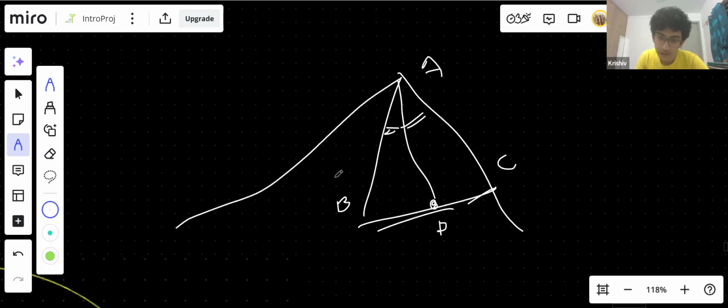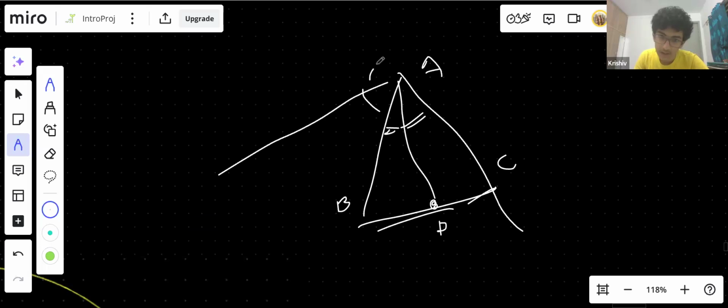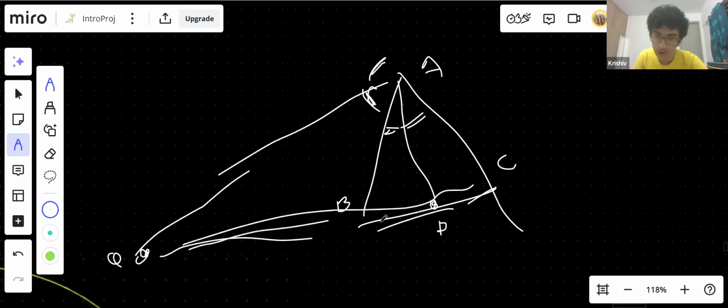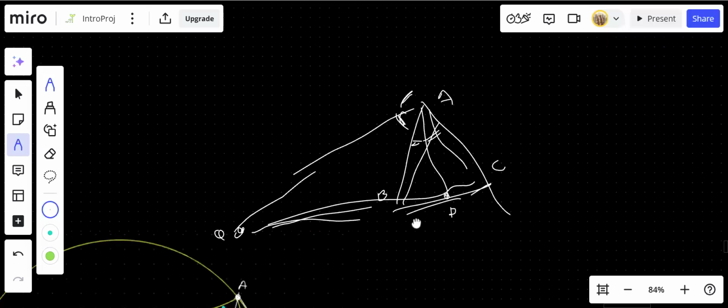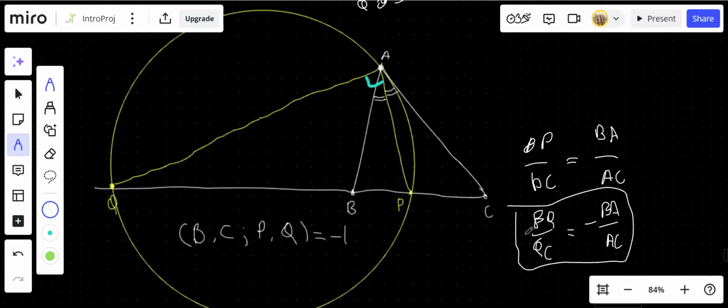Same thing we have for external. If this is the external one and these two angles are equal, and it intersects at Q, say, then BQ over QC is equal to BA over AC as well. That is the external angle bisector theorem. Then this thing holds.